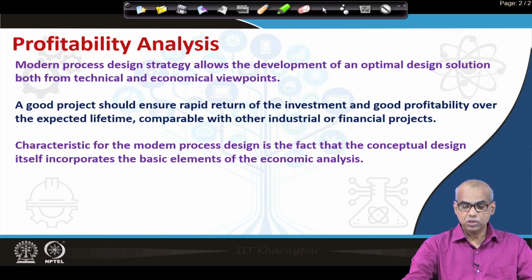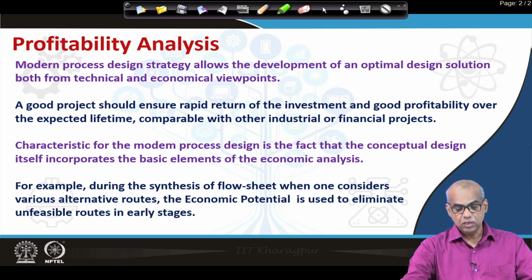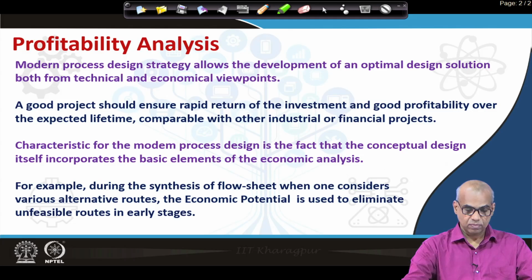Characteristic of the modern process design is the fact that the conceptual design itself incorporates the basic elements of the economic analysis. For example, during the synthesis of flow sheets, when you consider various alternative routes, the economic potential can be used to eliminate unfeasible routes in the early stages.